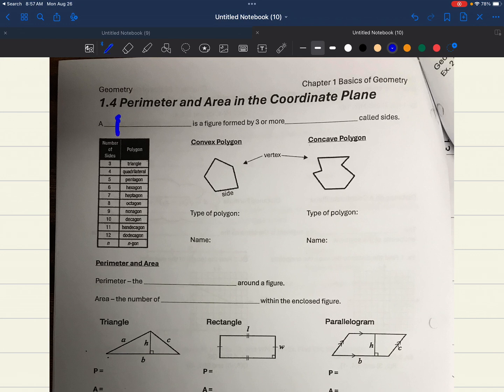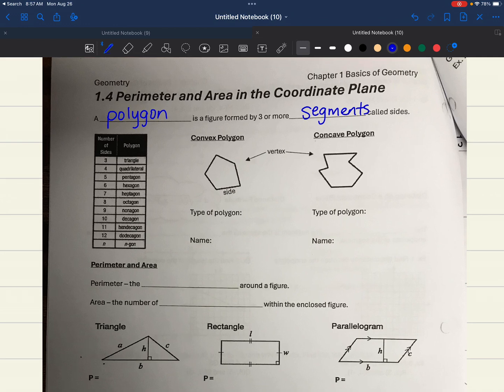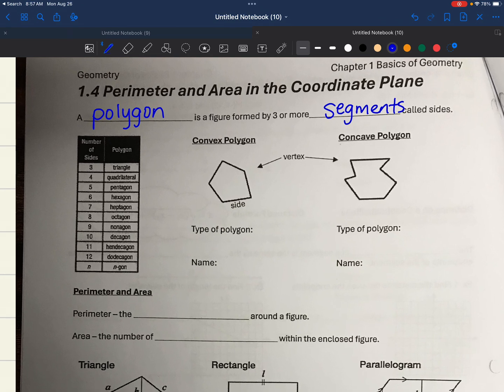Okay, so first thing we need to talk about is polygons, right? A polygon is a figure formed by 3 or more segments. Those segments we call sides. Okay, and those are listed below.